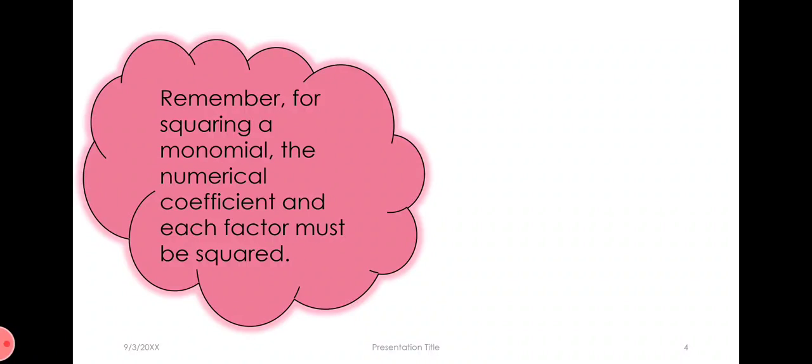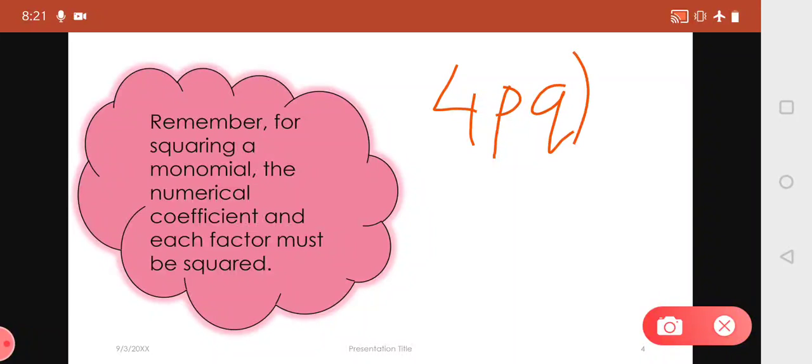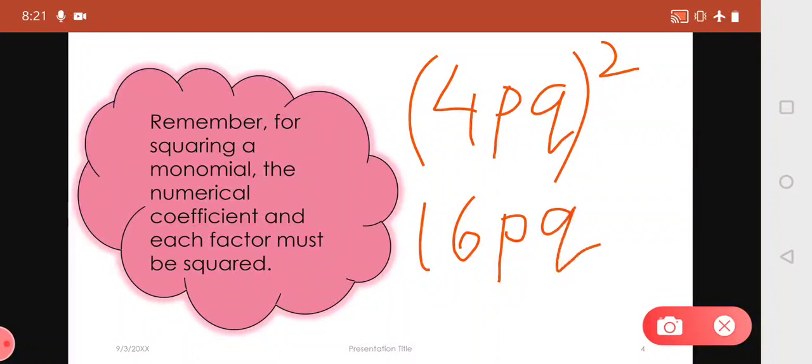Next, remember, for squaring a monomial, the numerical coefficient and each factor must be squared. Generally, students make a mistake here. Suppose we have to square (4pq) whole square. Then students write either 16pq square, or they may write 4p square q square.